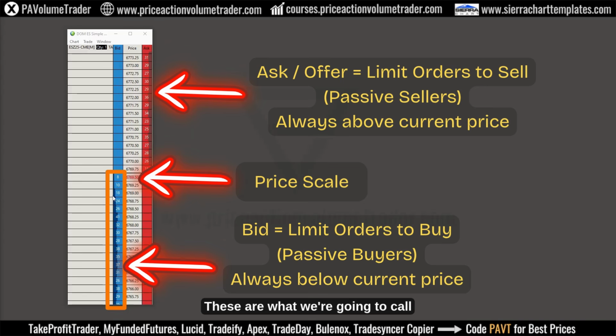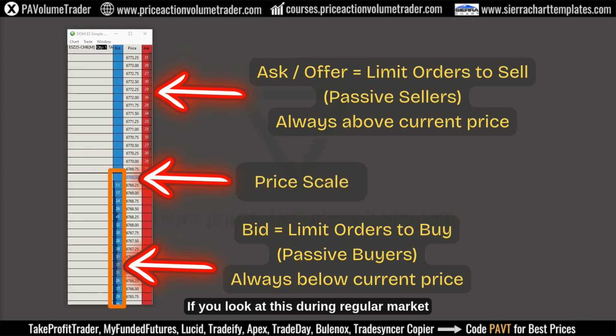These are what we're going to call passive market participants. These are passive buyers sitting there with their orders waiting to get filled at all the different price levels. Right now, I'm recording this during the Asia session, so you can see there's not a whole lot of orders sitting here.